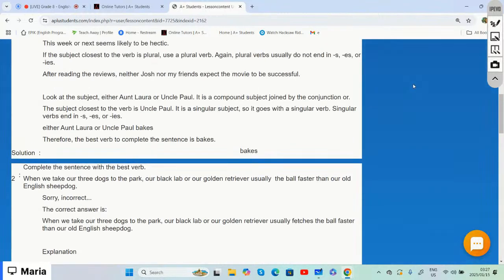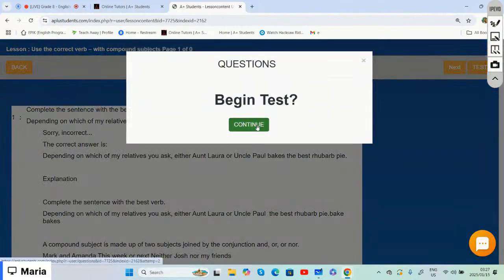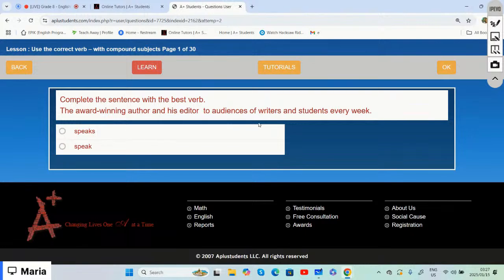All right, so now we're going on to our test where we're going to use the correct verb with compound subjects. We need to complete the sentence with the base verb.